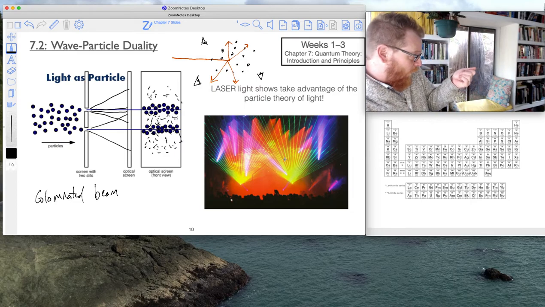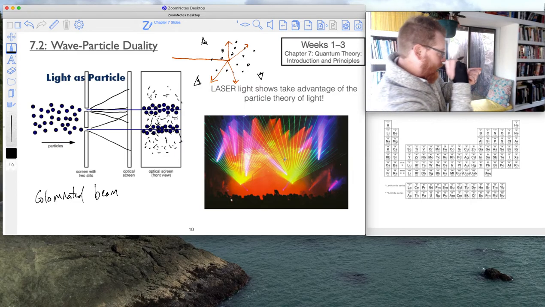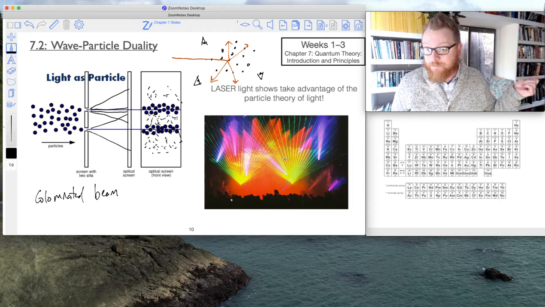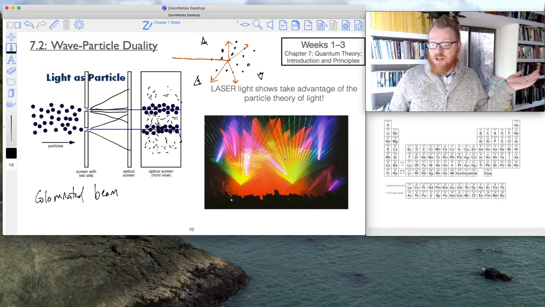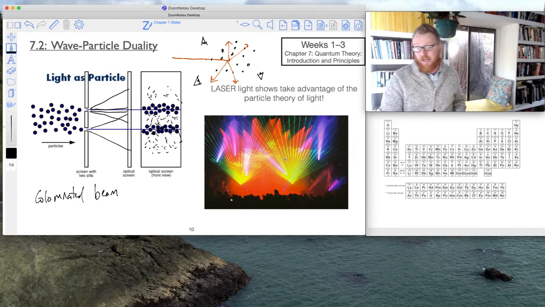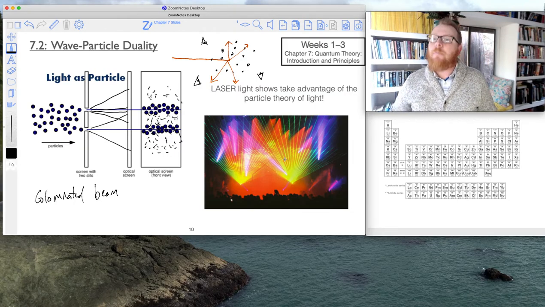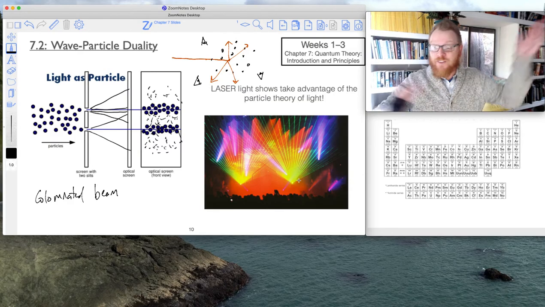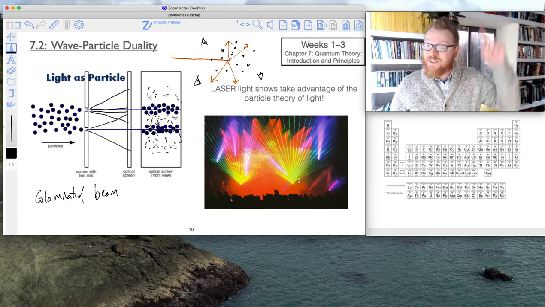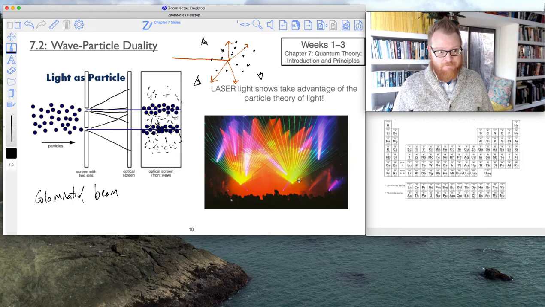I would just see where the laser is reflecting off of the wall, right? You've all experienced this at a presentation when someone is shooting their laser pointer at a screen, okay? But if there are things in the air which can scatter that light in all different directions, you will see the collimated beam, okay? And that's well described by the particle theory of light.